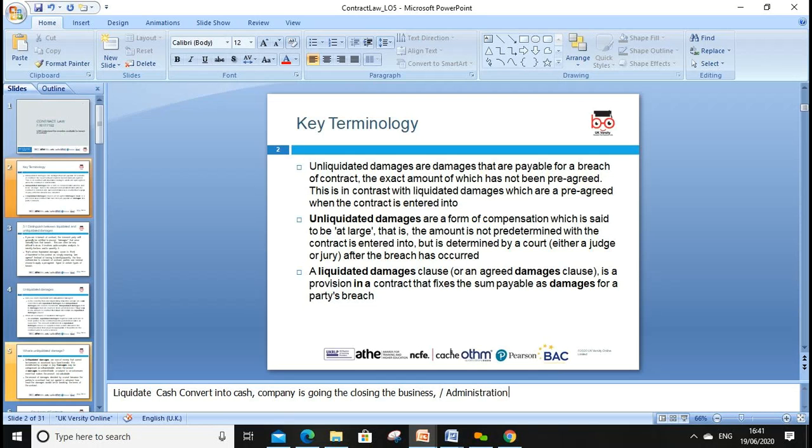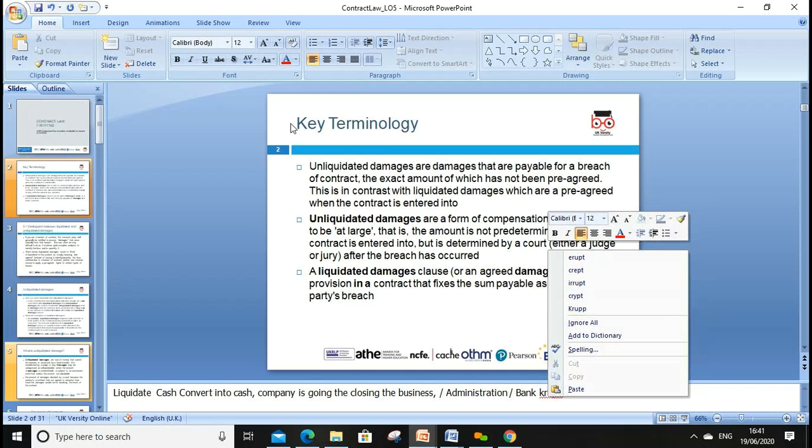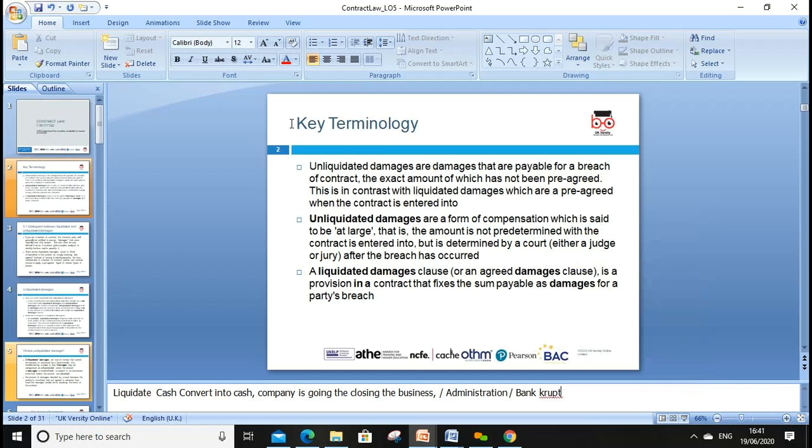Maybe not liquidation yet, but they are going to be in that situation. And you maybe heard about bankruptcy. Yes. So bankruptcy is part of it as well. So that's what we need to look at.